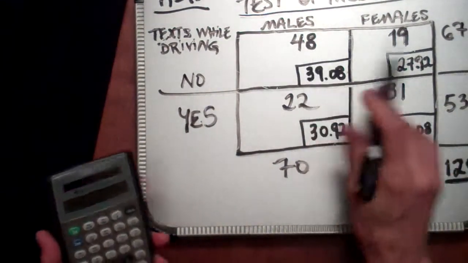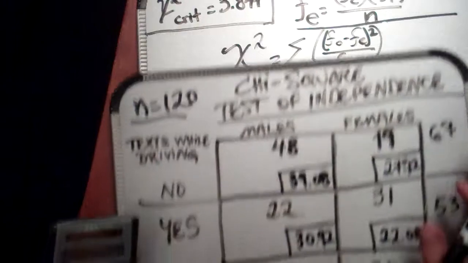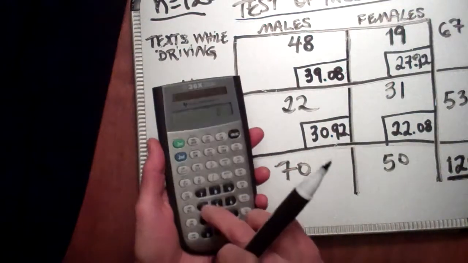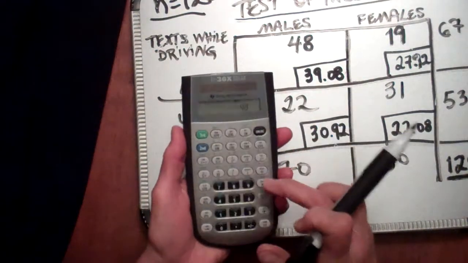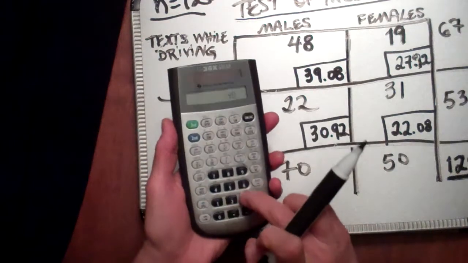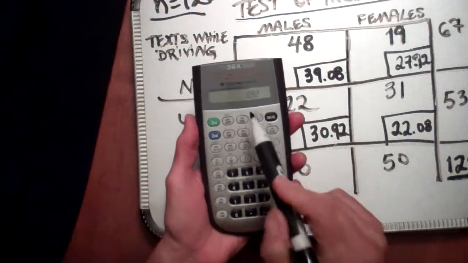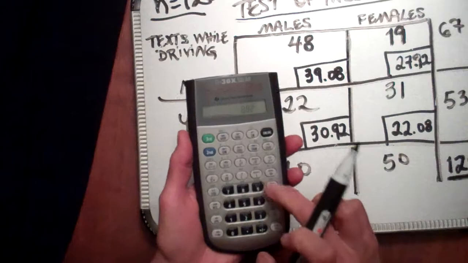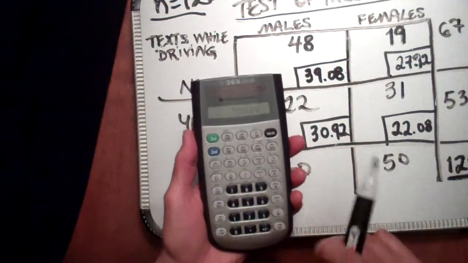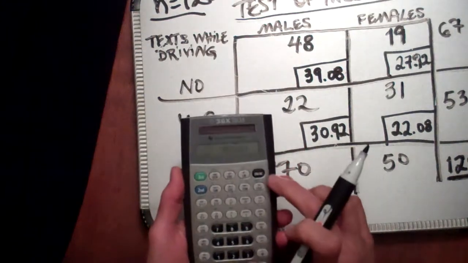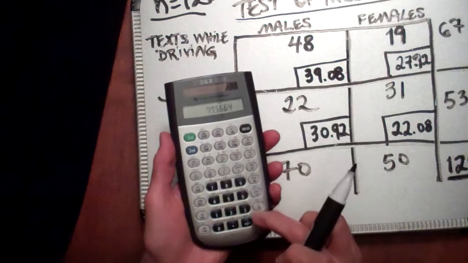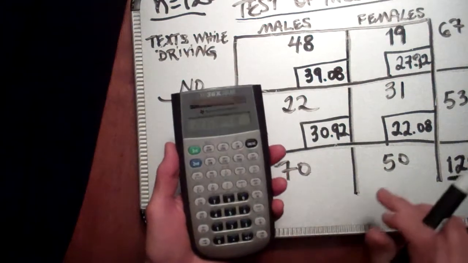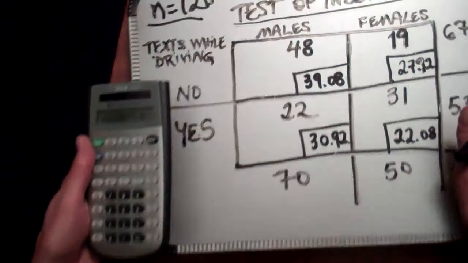So let's say for the first cell, and we have to do this for each of these cells, frequency observed, 48, minus frequency expected. And we square this, 8.92, and we divide that by the frequency expected, which is 39.08. And that gives us a value of 2.04.